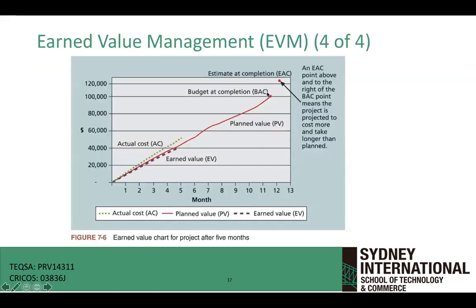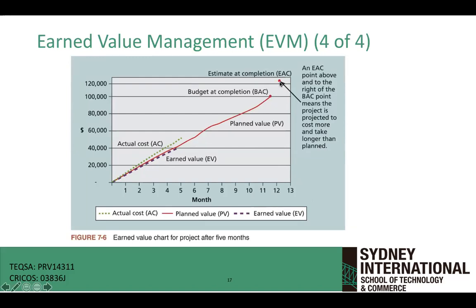Look here at budget at completion. Budget at completion is how much a project was budgeted to cost at completion. Estimate at completion is how much a project is estimated to cost me at completion. So estimate at completion is basically the difference between budgeted and estimated.